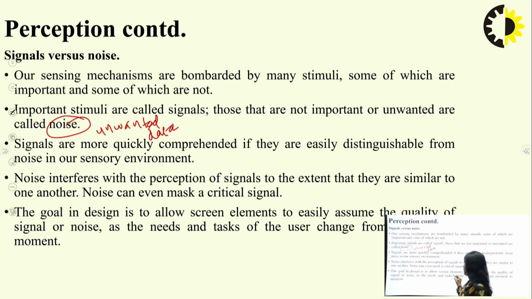In human characteristics, which is called perception in design, the goal is to assume the quality of the signal or noise as the need and task of the user change from moment to moment.